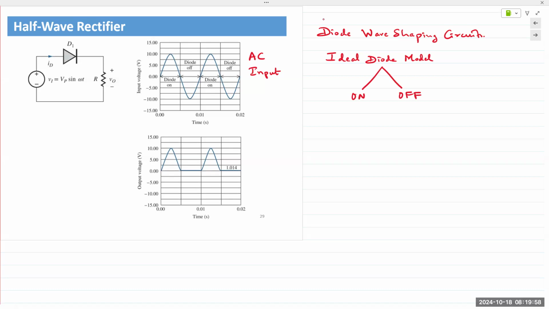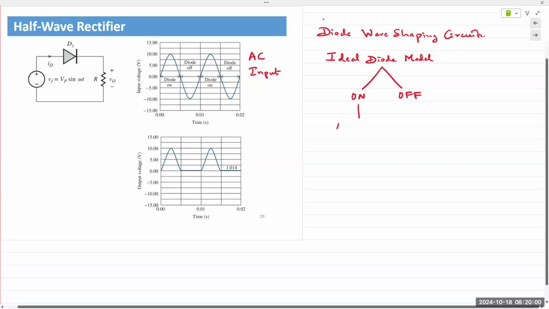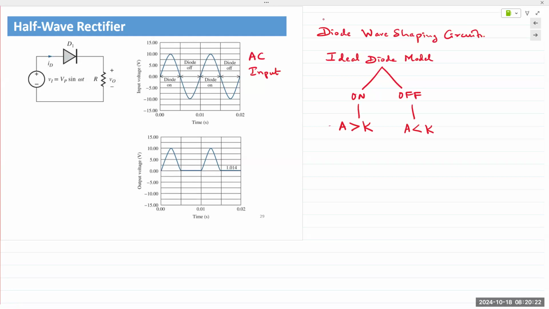So on is if the anode has a voltage that is higher than the cathode, and off is when anode is less than cathode. So when we perform these analyses, these techniques, first thing you want to identify is what is the voltage at the anode and the cathode. Okay. And then you make an assumption on whether the diode is on or off.